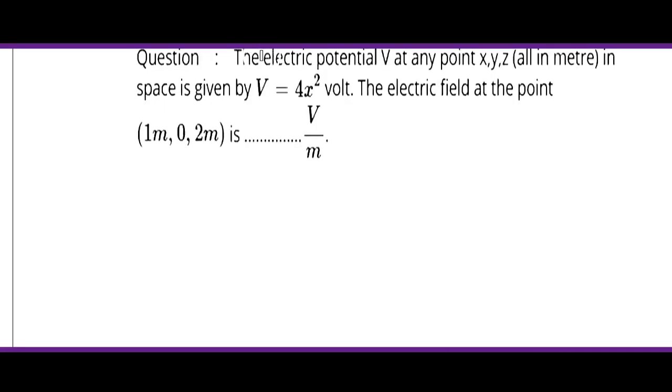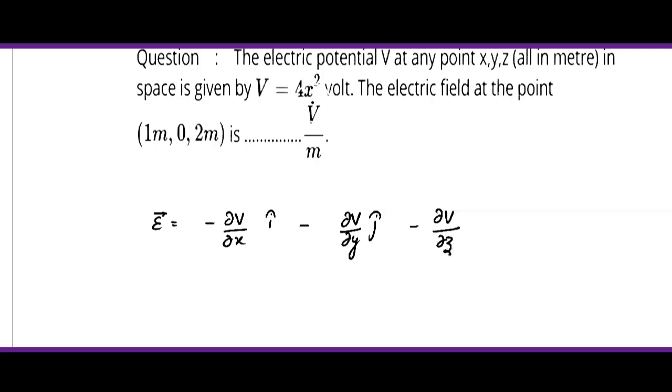Hello everyone. Electric potential at a point x, y, z in space is given here. V is equal to 4x square volt. Electric field at a point 1, 0, 2 is? If we talk about the electric field at a point, it is equal to minus the partial differential of potential with respect to x, I cap, the same for y and the same for z.